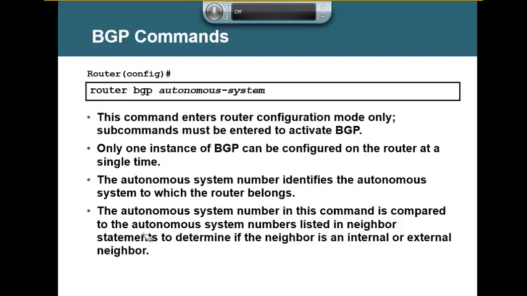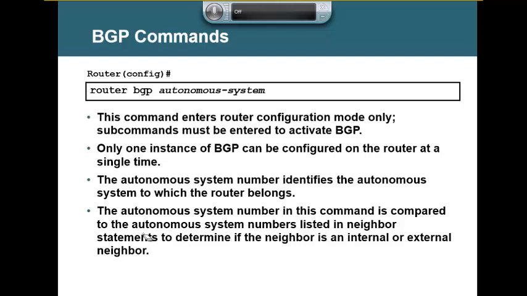Layer 3 VPN. No BGP, no layer 3 VPN. VPLS. It's all because of BGP. Segment routing. BGP. Segment routing is one big feature today.